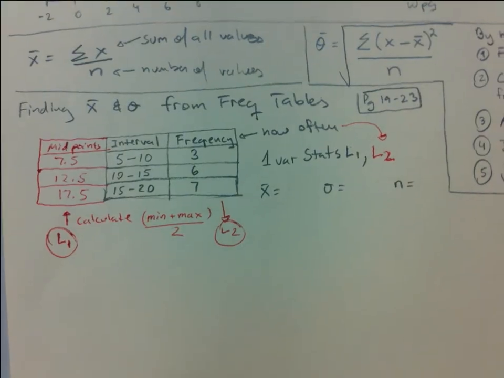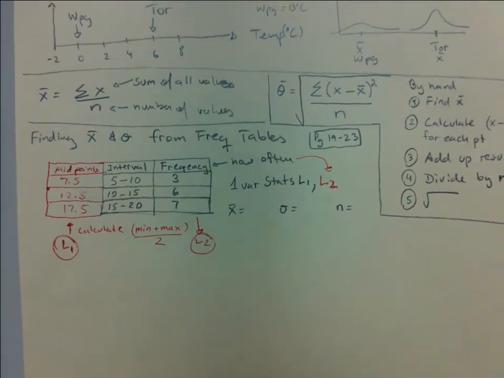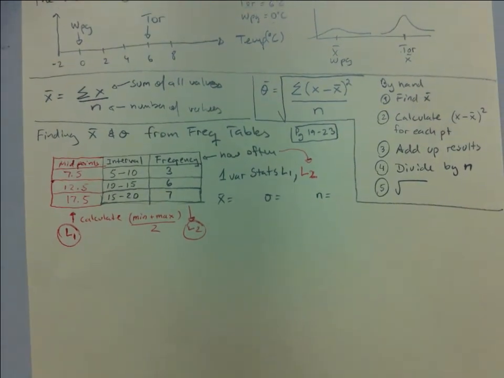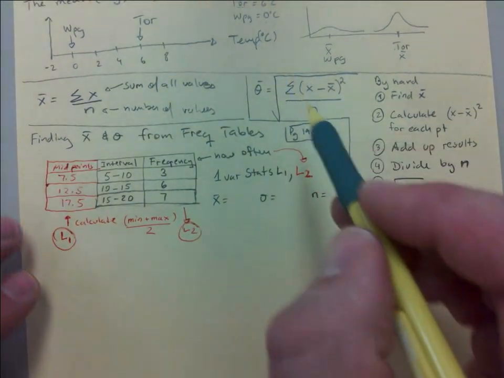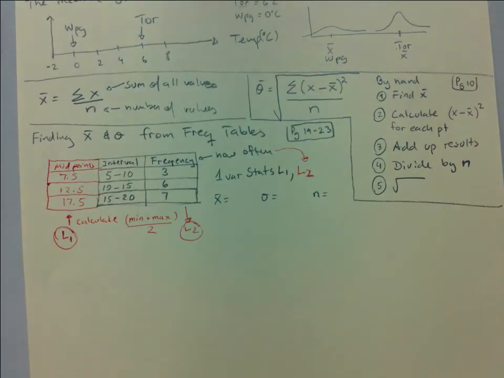If you go back to yesterday's entry, if you want a page number for calculating standard deviation by hand, I believe it was page 10. Was it page 10? Yes, page 10, if you want to have page numbers, right?